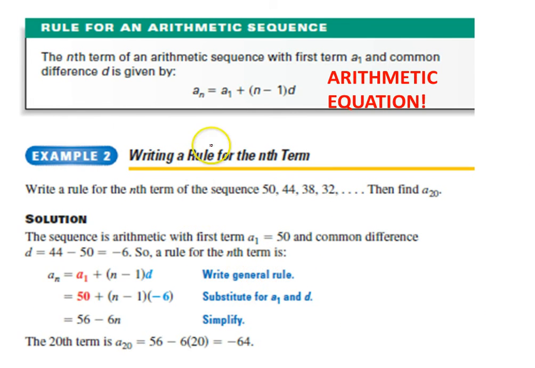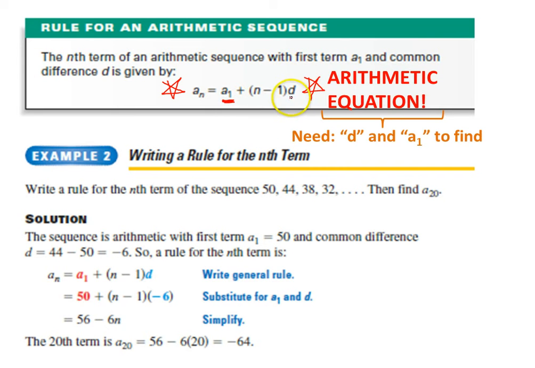Now, we have an arithmetic equation that you see up here at the top. a sub n equals a sub 1 plus n minus 1 times d. This is your arithmetic equation. So anytime you're wanting to find your arithmetic equation, this is what you're going to use. Now, there are 2 things that you need to know. You need to know a sub 1 and you need to know d. d we just talked about.